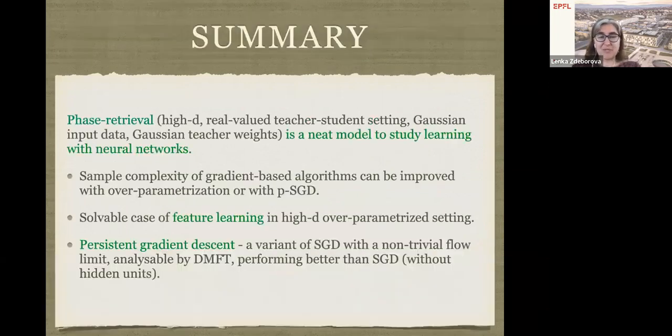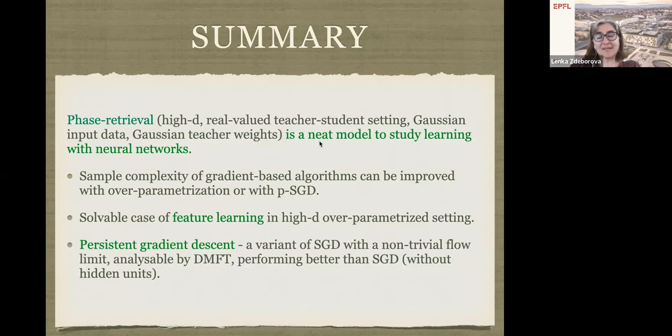And this brings me to the summary about the phase retrieval. So I introduced you to this phase retrieval teacher-student setting that was a high-dimensional, real valued, because the phase retrieval will usually be complex valued, but here we had everything real valued, teacher-student setting, where the Gaussian input data and Gaussian teacher-generated weights.